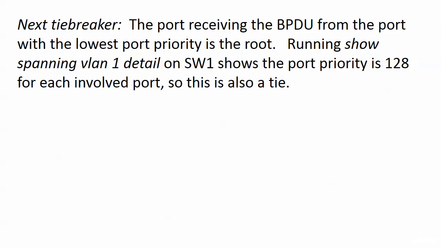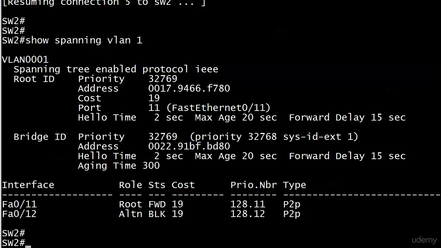But right now, switch 2 would choose the port that's receiving the BPDU from the port over on switch 1 that has the lowest port priority. This is a totally different value from the priority we've been talking about, with the default switch priority of 32,768. What we have here is port priority, and let me show you how to spot that.